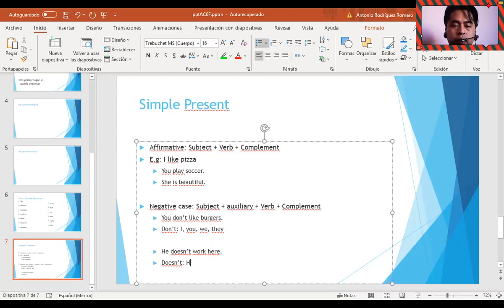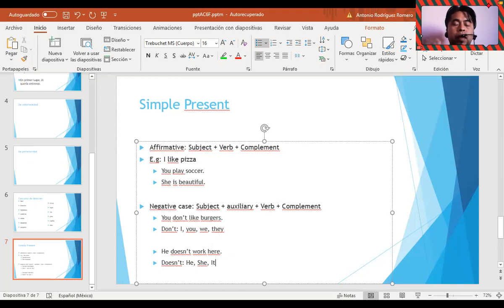So I'm going to write he, she, it. Okay. Then I know now how to conjugate a simple present in negative. Okay. Remember, we use two auxiliaries, don't for I, you, we, and they, and doesn't for he, she, and it.